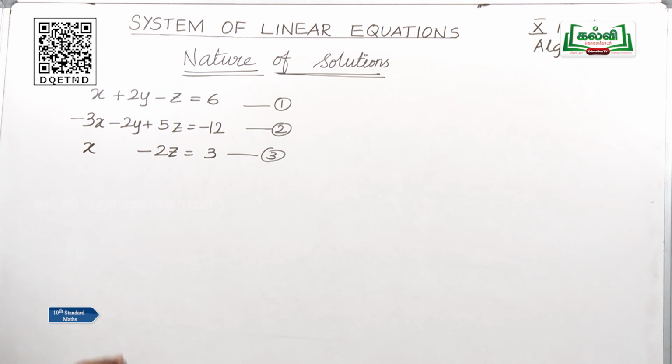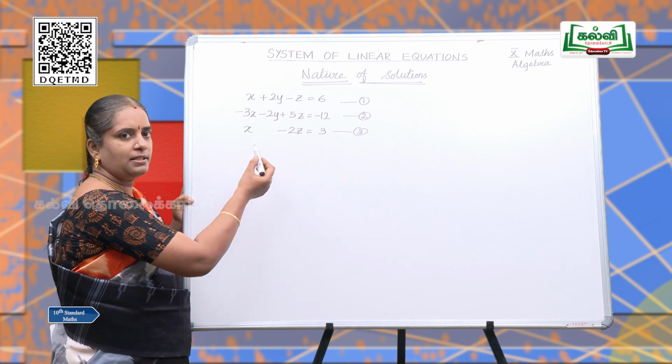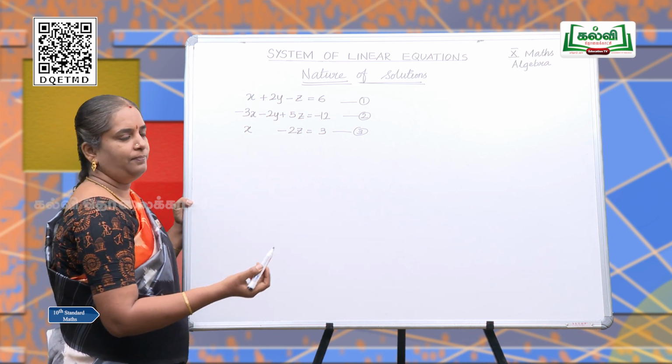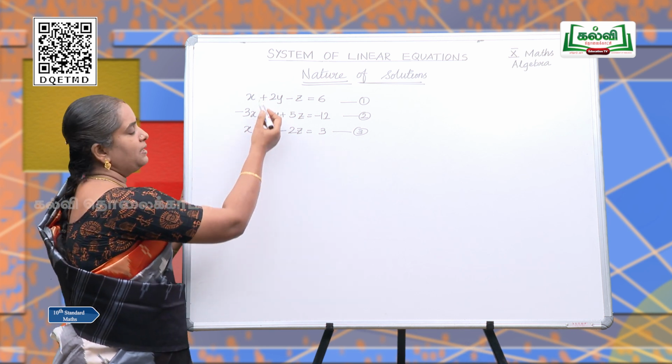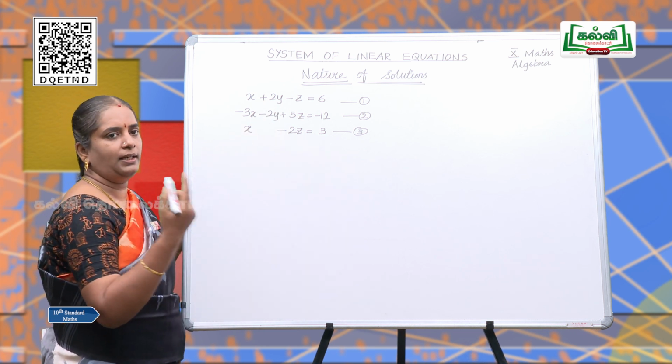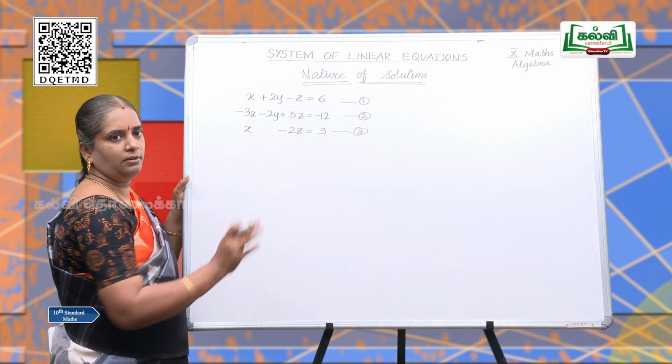In this case, see the system of equations. We are going to name these equations as 1, 2 and 3. Now, see the third equation, it has no y coefficient, so this is an equation in 2 variables. Let us eliminate y from 1 and 2. Let us take equation 1 and equation 2 and add those two.